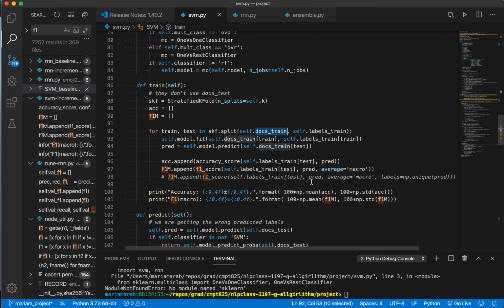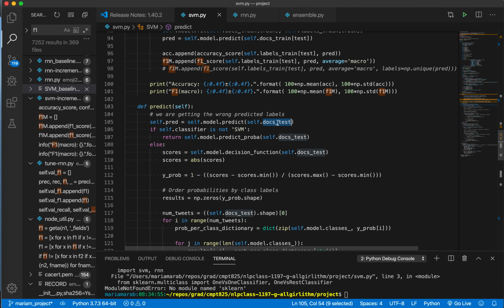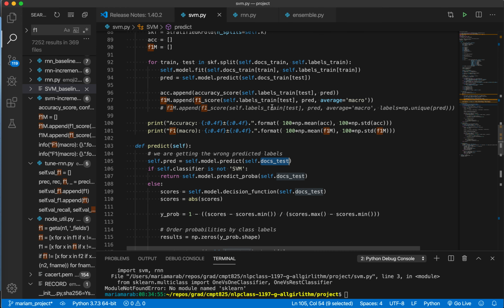Then when we test that, we have that small test set, and from that we get that higher score. And here, when we want to get the probabilities, we get them from docs.test rather than docs.train. So I was wondering if you had any suggestions on how to fix it.